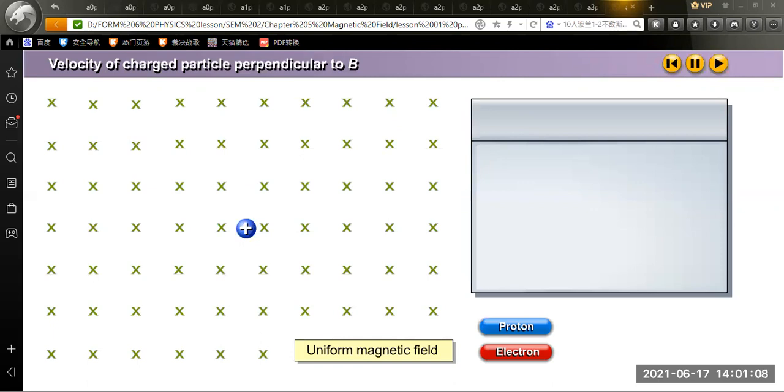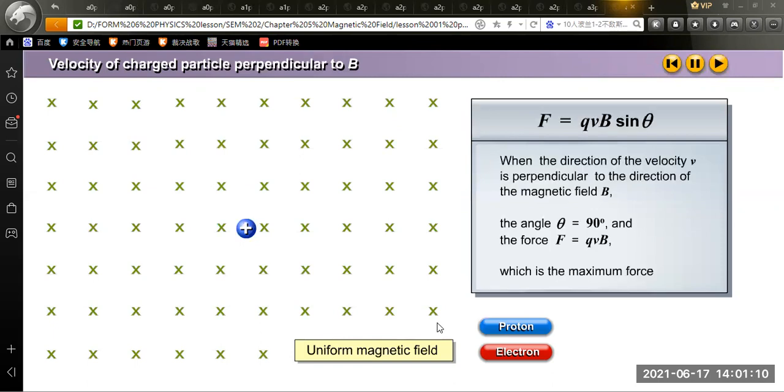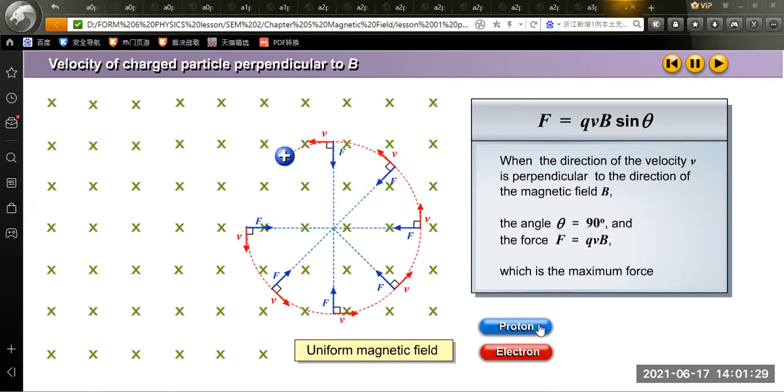Ladies and gentlemen, we notice a positive charge in a uniform magnetic field which is going into the screen. When a proton moves, the proton will move in this direction, because now the V and the B directions are perpendicular to each other.